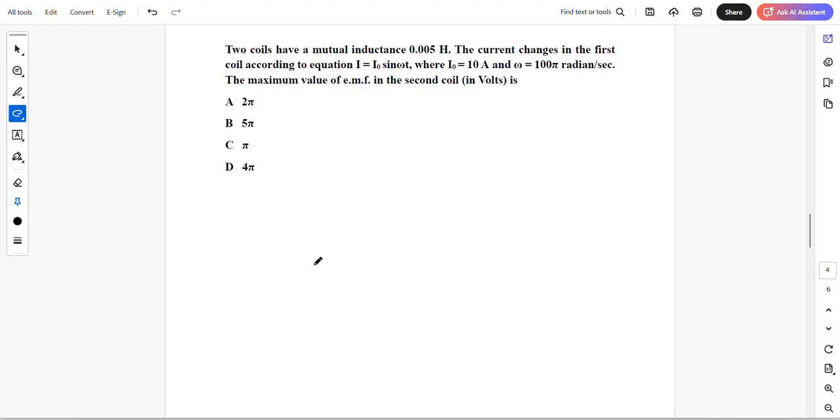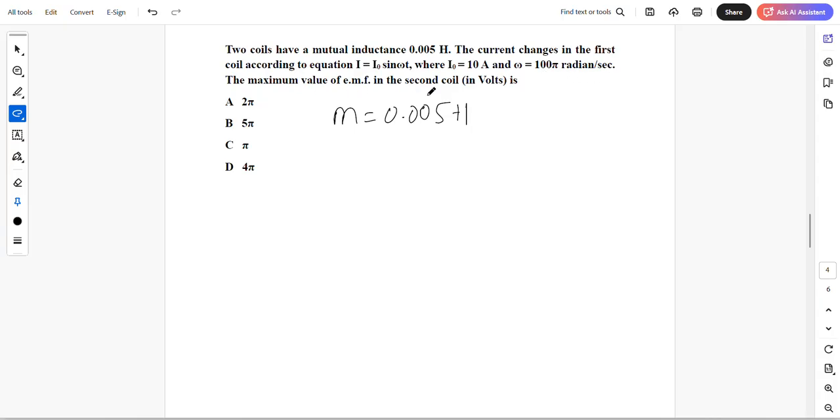What it is saying? It is saying two coils have a coefficient of mutual inductance, M is equal to 0.005 Henry. The current changes in the first coil according to the equation I is equal to I naught sin omega t, where I naught is equal to 10 amperes and omega is equal to 100 pi radians per second.